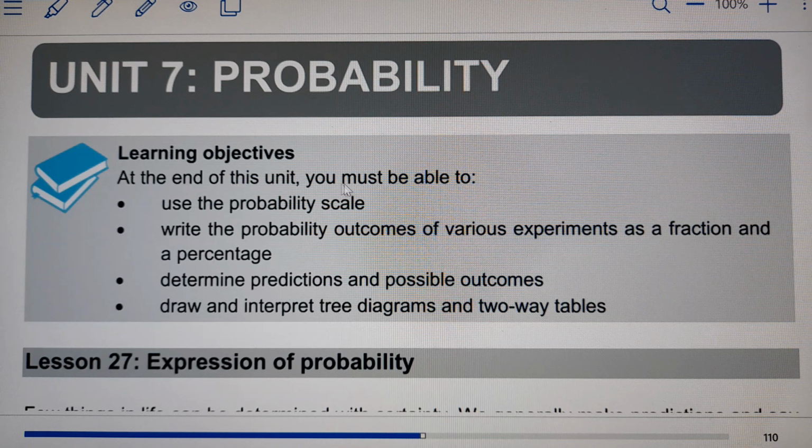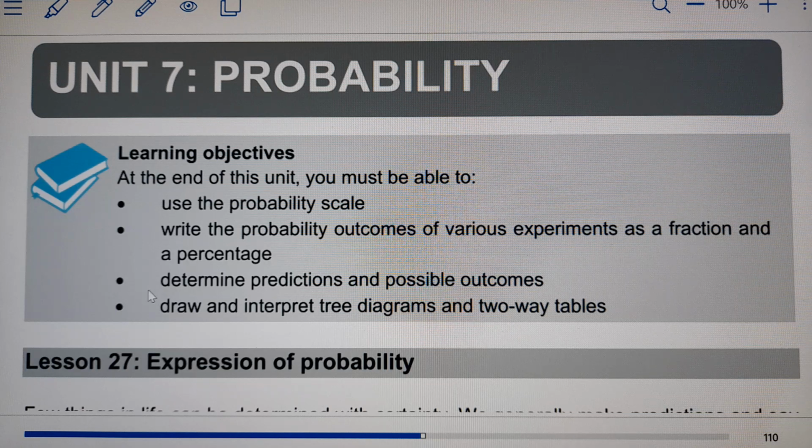At the end of this unit, you must be able to use probability scale. Okay, there is a probability scale. And then you must be able to write the probability outcomes of various experiments as a fraction and as a percentage. So probability, we're going to write it or express it as a fraction or a percentage.